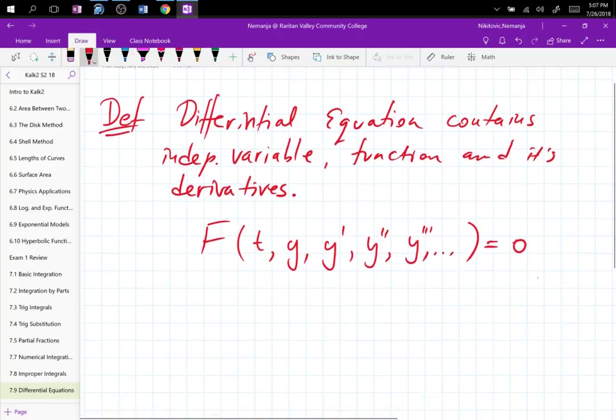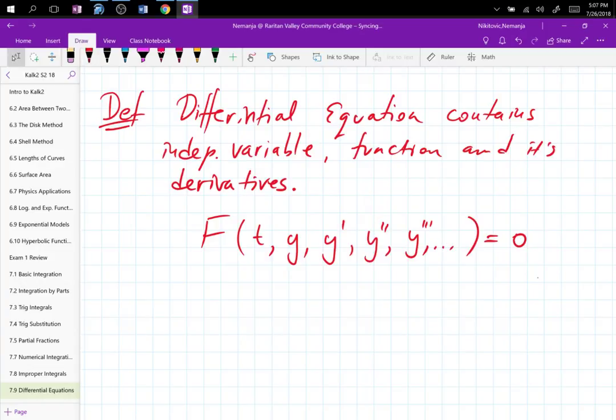So, a differential equation must contain a derivative inside that equation. An example of a differential equation would be xy prime minus sine y equals 9. That's an example.